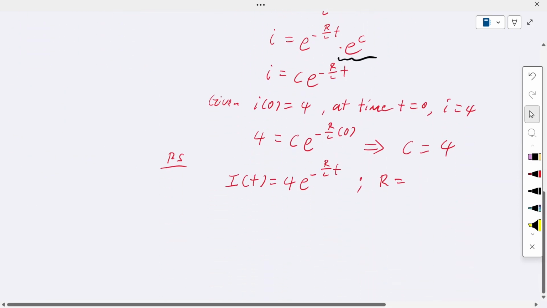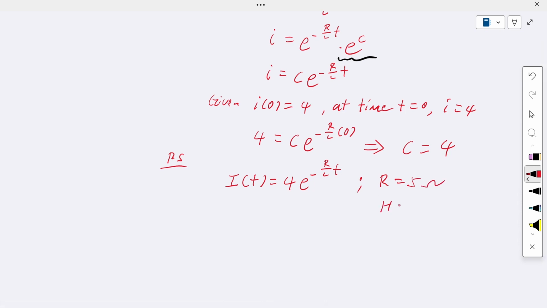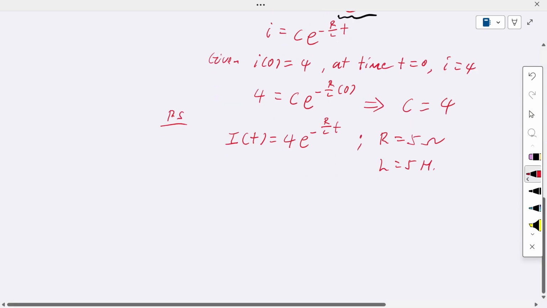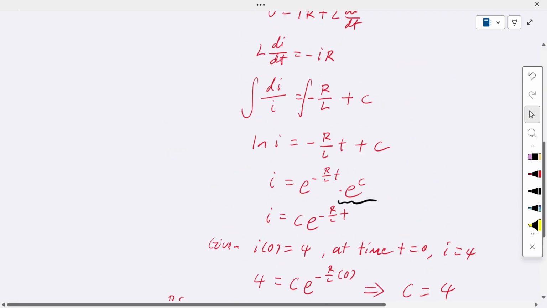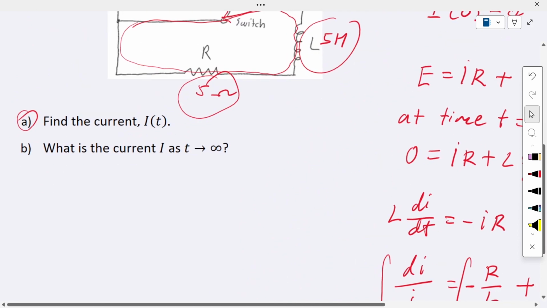So we substitute over here, and we get I as a function of t is equal to 4 exponential minus t. So that is the particular solution. That's the answer for A.